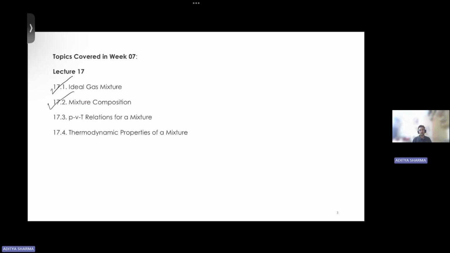Because here we define the composition of a mixture in terms of different terminologies. Be it mole fraction, be it volume fraction, be it mass fraction, all these terms have been introduced under this topic.